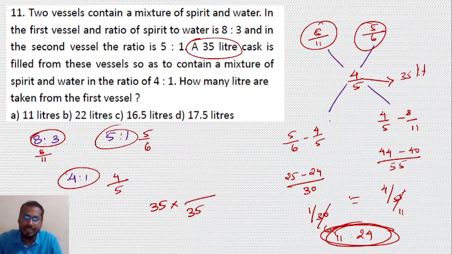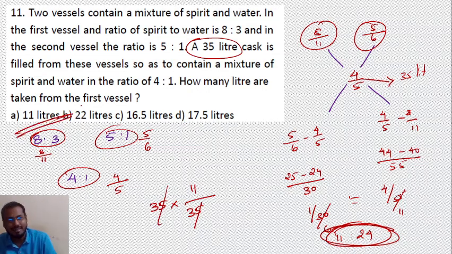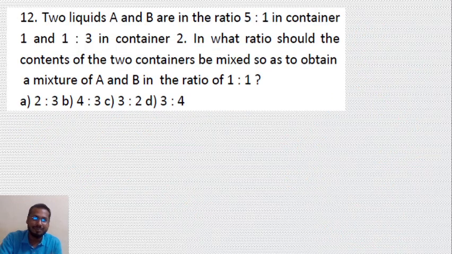I need to find the first one. First one is 11 parts. The 35 gets cancelled, so 11 liters is the right answer. I hope you understand this. Both are 35, so be clear about which 35 we are taking. This is the question's 35. This is the ratio, the overall ratio is 35. Out of that, 11 parts we need to find. Let's move to the next question.